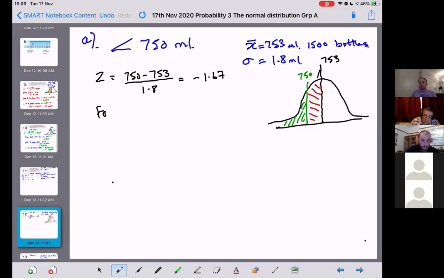For Z equals minus 1.67, probability equals, from the table, 0.4525.